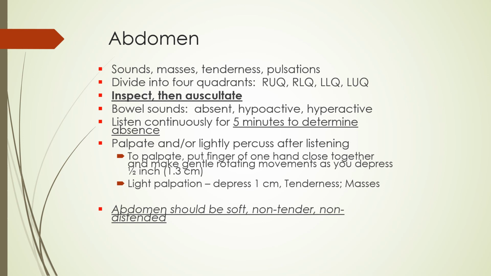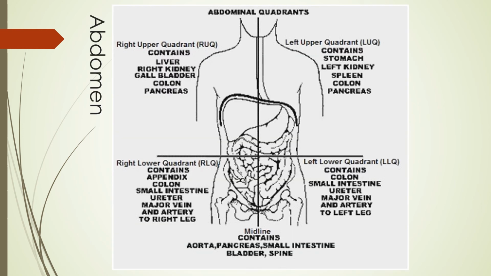A normal abdomen should be soft, non-tender, and non-distended with active bowel sounds. A normal abdomen should be soft, non-tender, with normal bowel sounds, okay, non-distended. And that's just a picture that shows you what organs are where, and you can remember that from your anatomy and physiology.